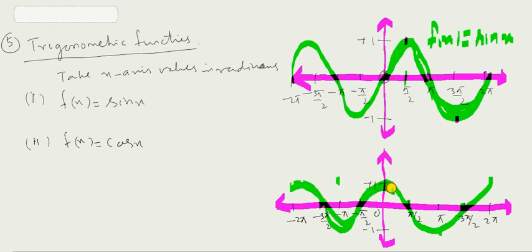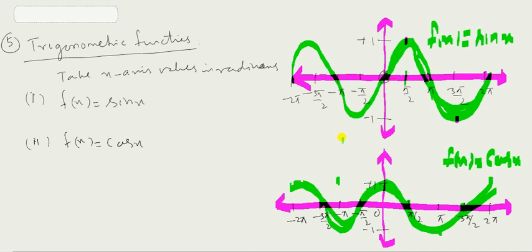Now look at the difference between your sine graph and your cosine graph. So this is the graph of f of x equals cos x. Now here the graph basically looks the same, but the starting point is different. So hence this is the graph of your cos x.